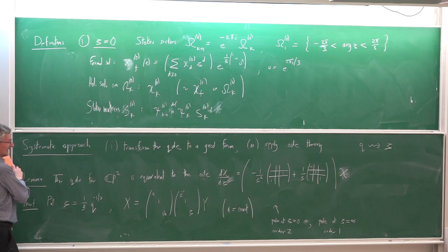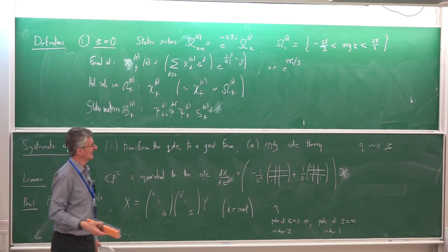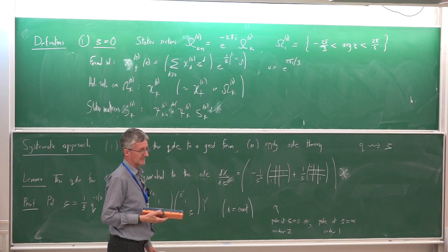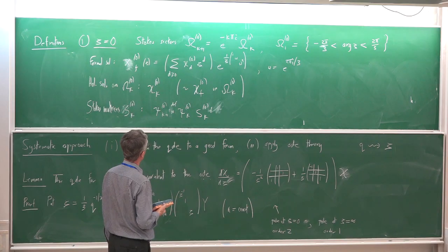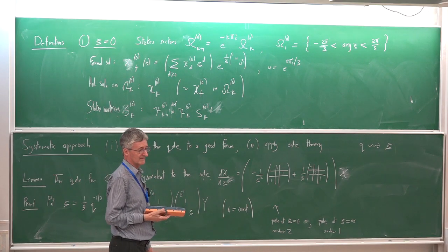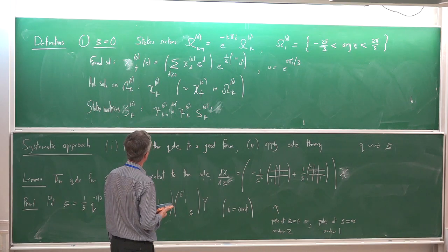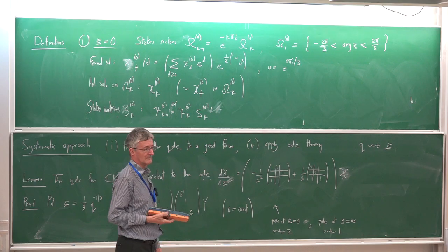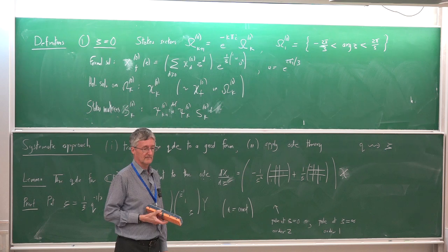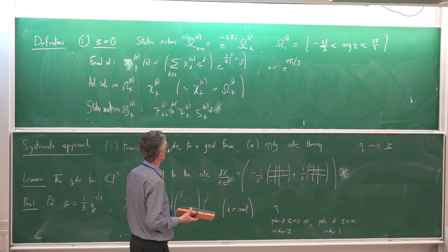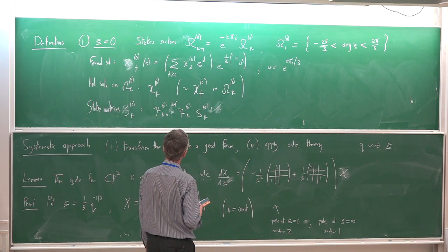What happens in the definition of Stokes sectors, is it e to the minus pi r? Yes, you need k. Adjacent sectors are related by pi. I think if it's omega 1, then it's the k, but you already write omega k, so the k is not needed in the power.